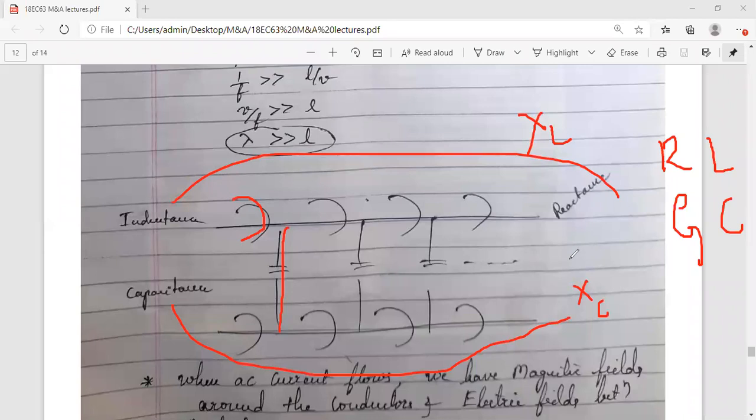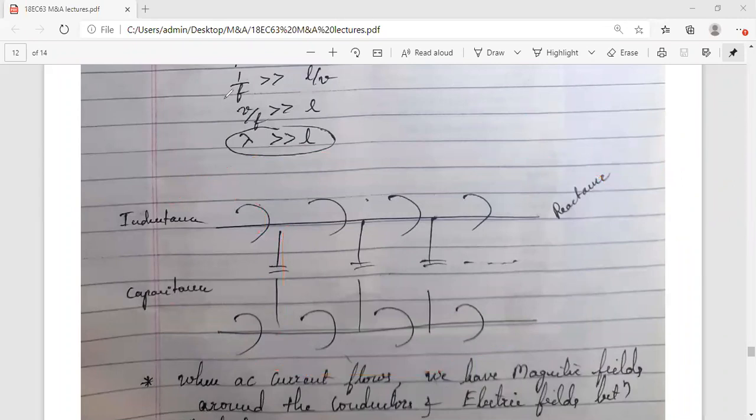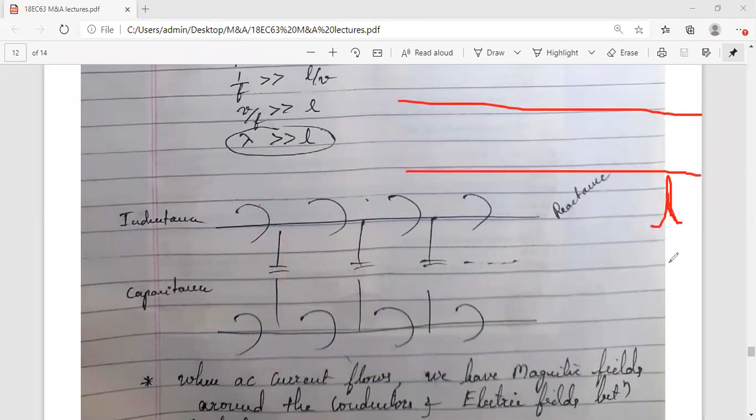Why are they called distributed? Because I have just explained, when I'm talking about the transmission line over the length L, when the length is very large and comparable to lambda at higher frequencies, I have to consider transit time effect. But in order to analyze such a long transmission line, I cannot do that directly.